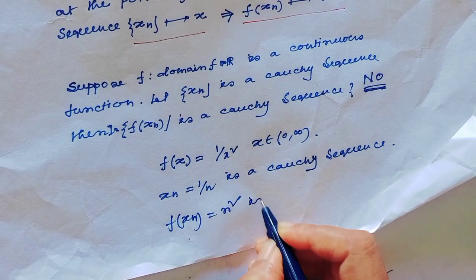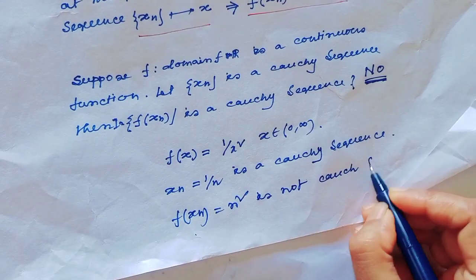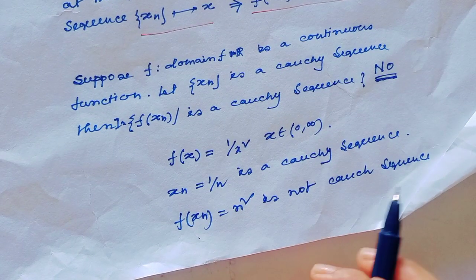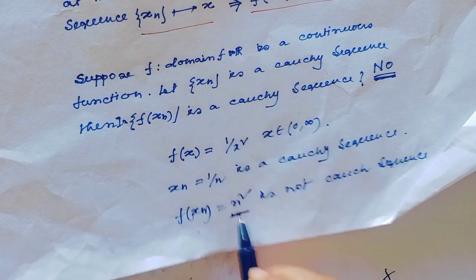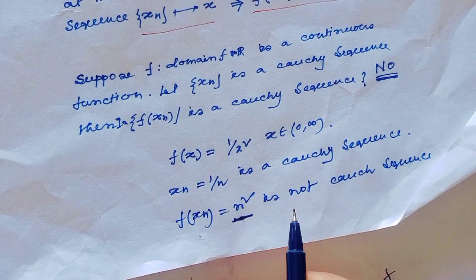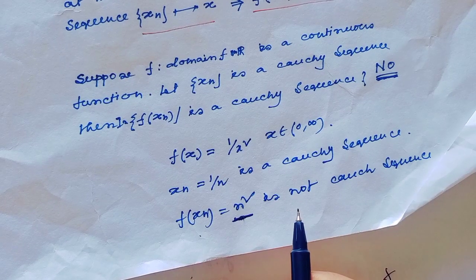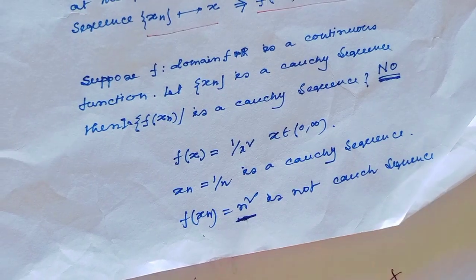This is not a Cauchy sequence, because we all know a Cauchy sequence is always bounded. But here f of xn equal to n square is a sequence that is not bounded, so it cannot be a Cauchy sequence. Therefore, for continuity, the claim that a Cauchy sequence maps to a Cauchy sequence is not true.